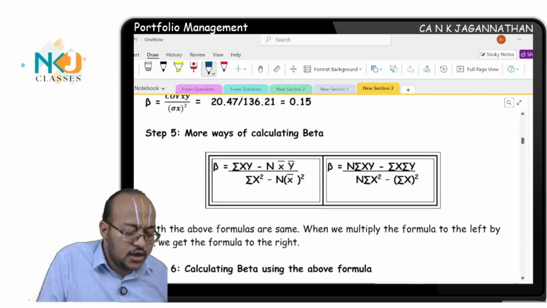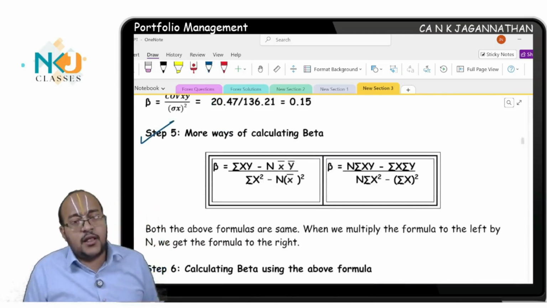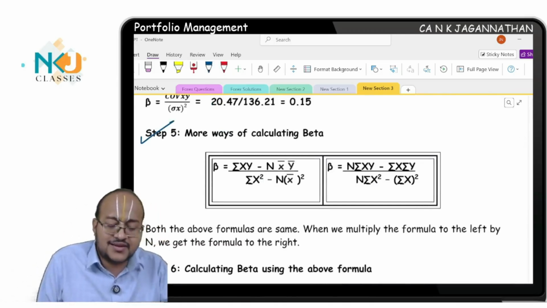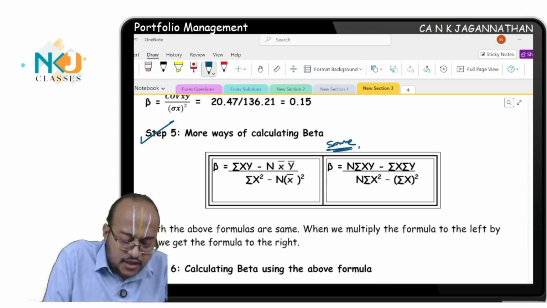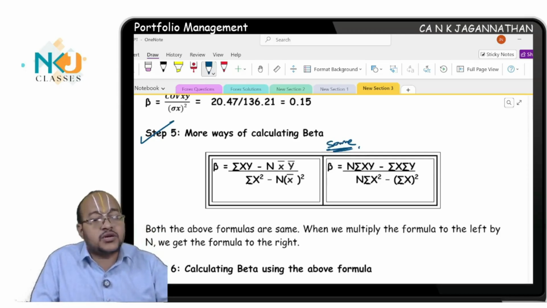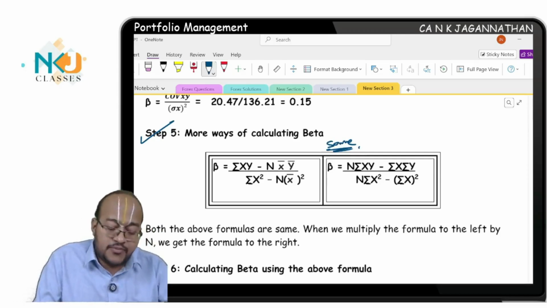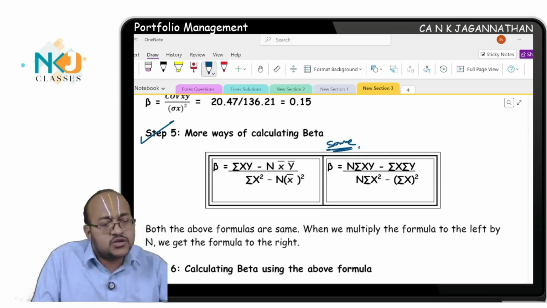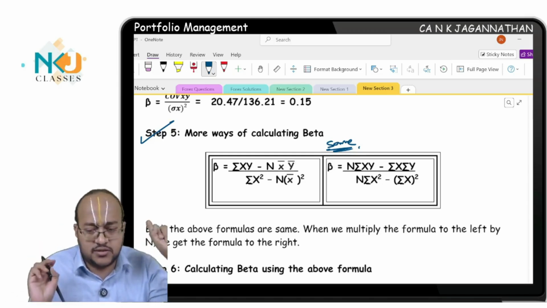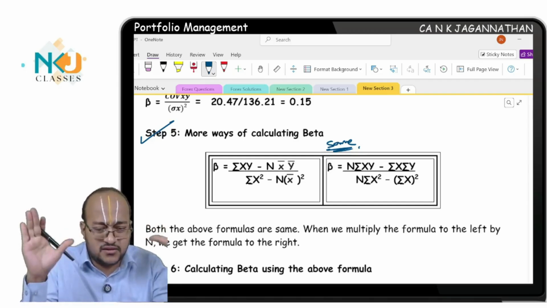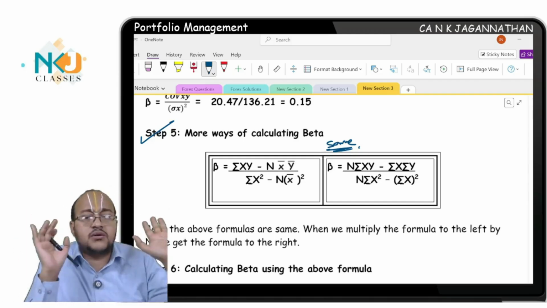Now see, two more formulas are there. This is just an extension; both formulas are one and the same. Another regression-based formula is there, and from there these two are actually derived. If you remember one properly, that is enough to solve this question. Even if you forgot the entire discussion, don't worry; if you remember one single formula, that is enough.